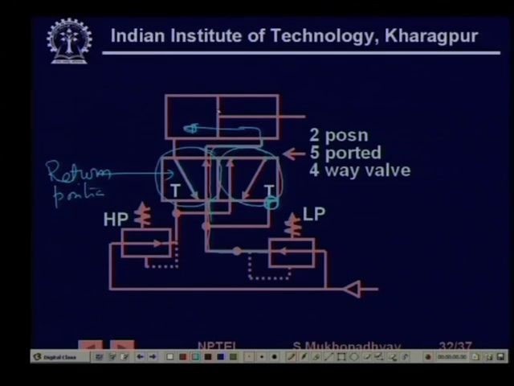On the other hand, when it is moving this way, so this is the rod. So, the load is going to be connected to the load. So, when it is pushing the load, at that time this is the high pressure position, HP forward position.